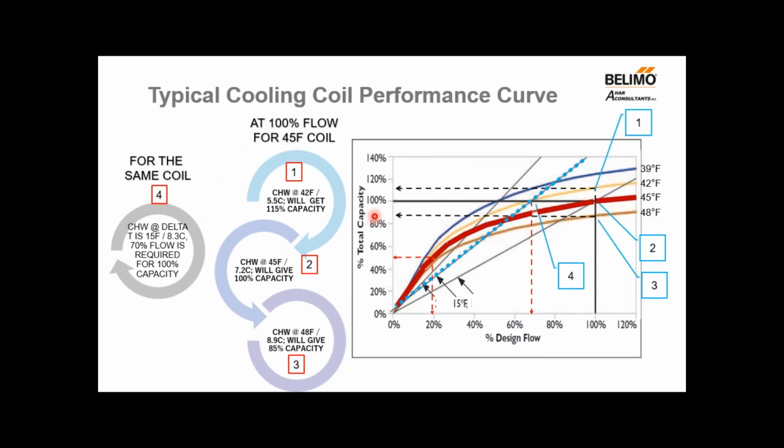The same coil can give 115% capacity if the chill water supply is lowered to 42 °F. See at point 1.